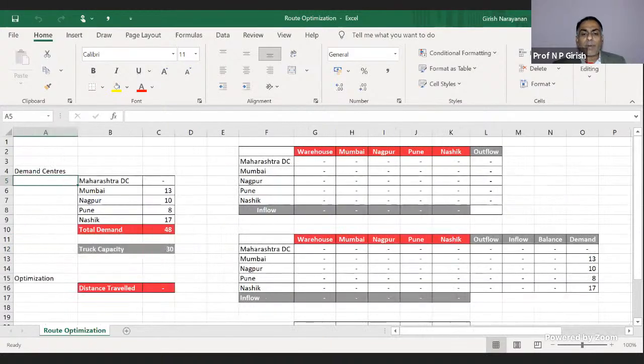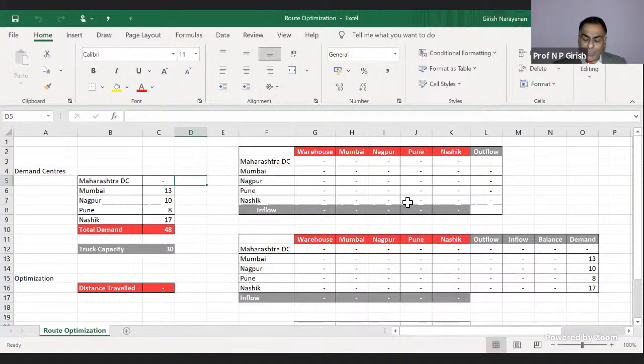What is our objective in the route optimization? The route optimization, what's the objective? Absolutely. Minimum distance travel. That is what we are trying to do. That is why, is it better to go to Mumbai, Nagpur, Pune, Nasik? Or is it okay to go to Nagpur, Pune, Nasik, and then Mumbai? That is what we are trying to address. Okay. Right.